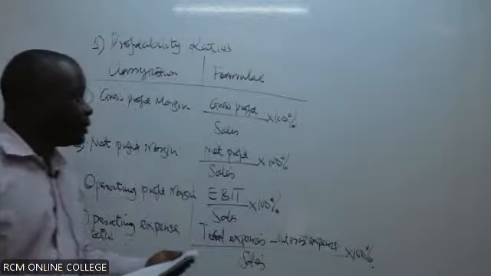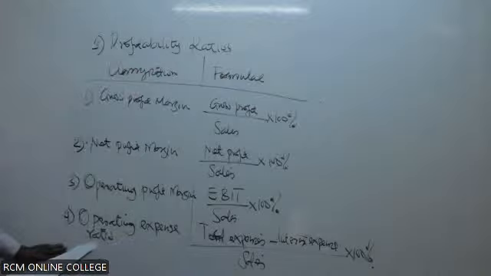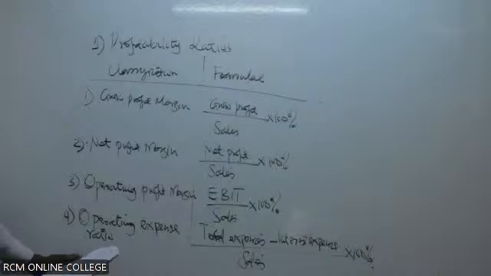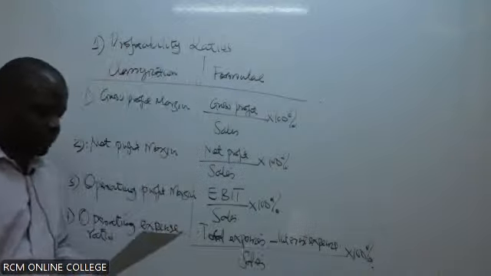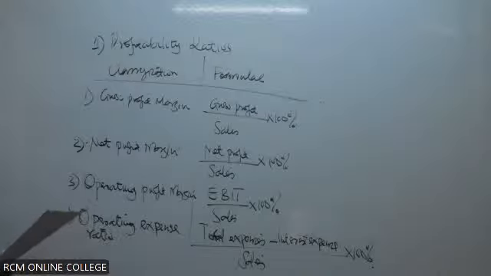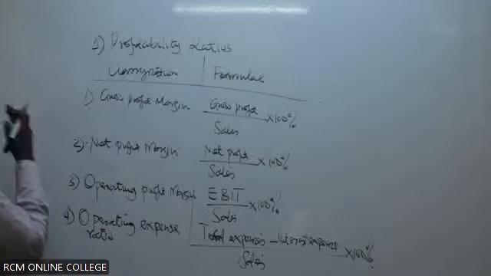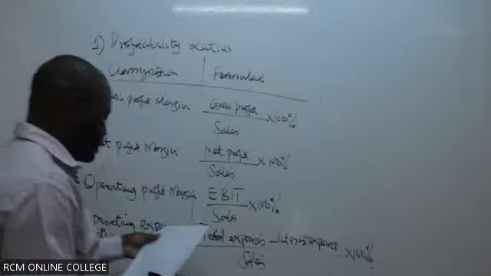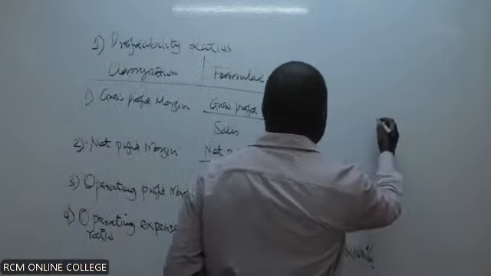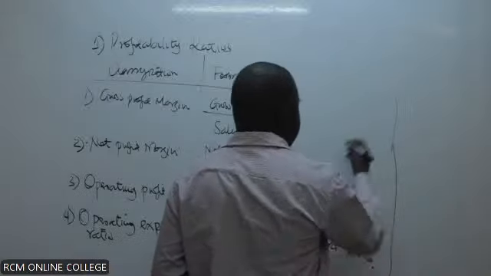So those are some of the profitability ratios we can have. You can write something briefly about profitability ratios before we move to the next types of ratios. This particular classification here is profitability ratios in relation to sales. So we still have others. So you can put something like that.